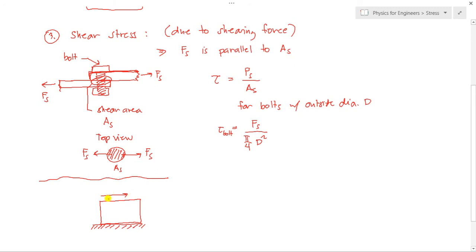So if ma-apply tag up force nga F, shearing force sa upper part, di ba what happens to this block, assuming nga naka-fix siya kani nakapilit gini iyang lower side. So what happens is that mubawg ni siya, di ba, maana ni siya, assuming nga dili compressible lang ato ang object. So maana na siya, ma-deform siya, di ba? Deformed siya by a certain angle theta.